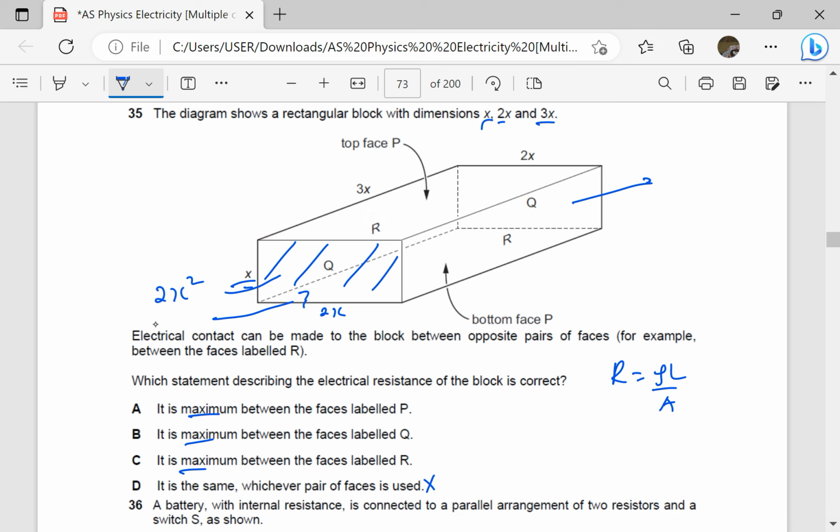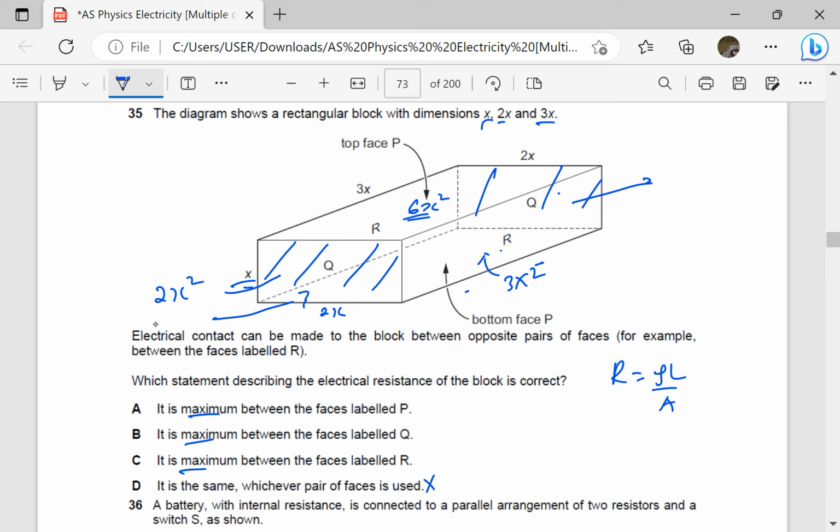The area on the other side is also 2x squared. But this side will be 3x times x, which is greater: 3x squared. For the top, it is 3x times 2x, which is 6x squared. So this is the greatest area.